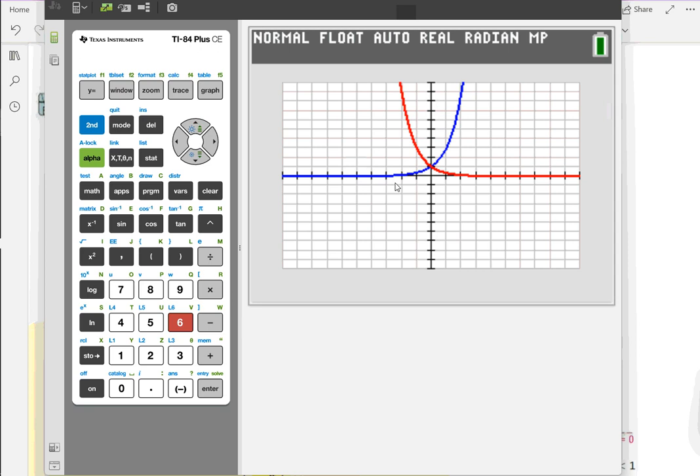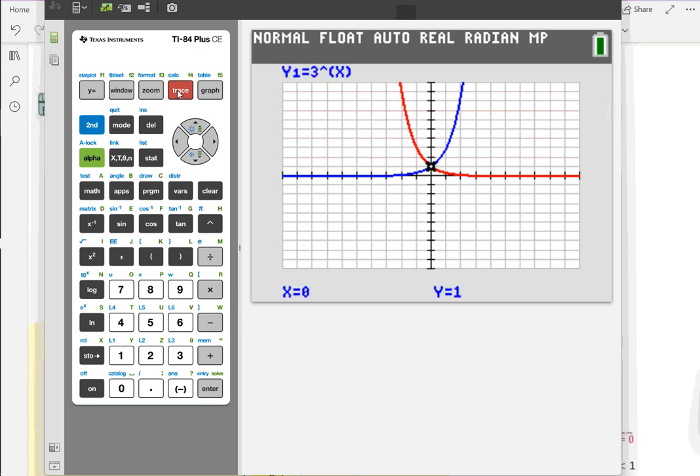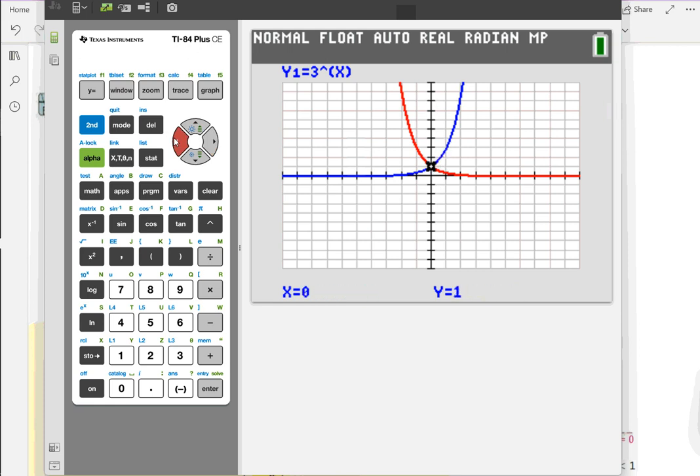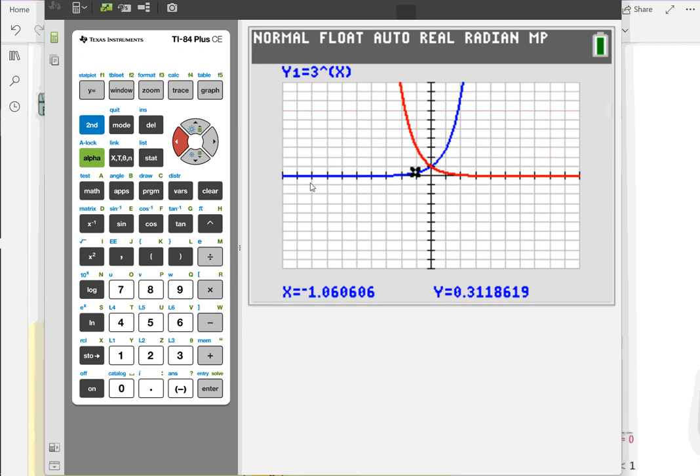Now both graphs over here, let me go ahead and do the trace coming in here. So I'm on the blue function here. At 0, I'm at 1. As I go towards 1, might not land on there exactly, but I would be really close to 3. Okay. As I go down over here to -1, I should be really close to 1/3, which is about 0.3333 repeating.